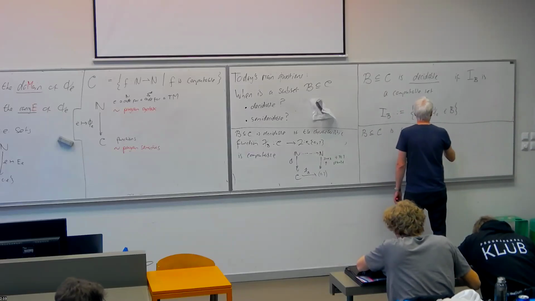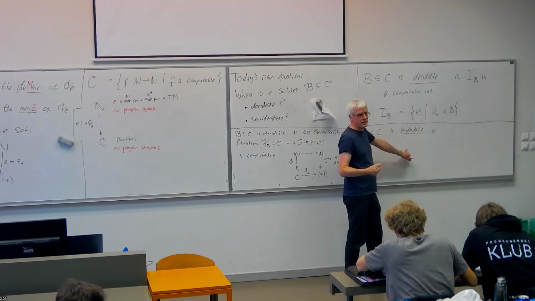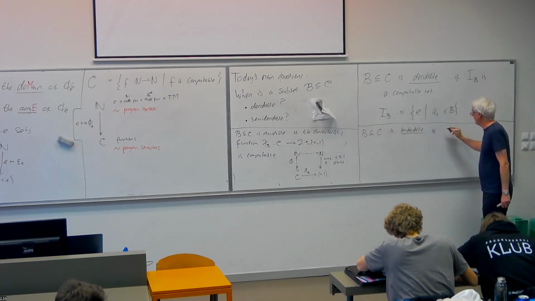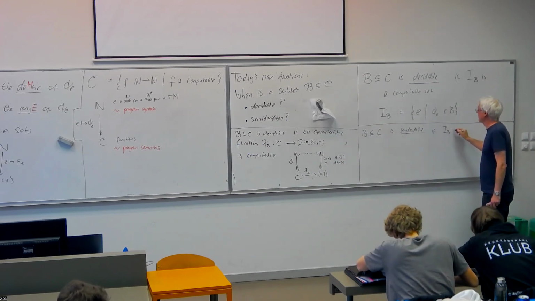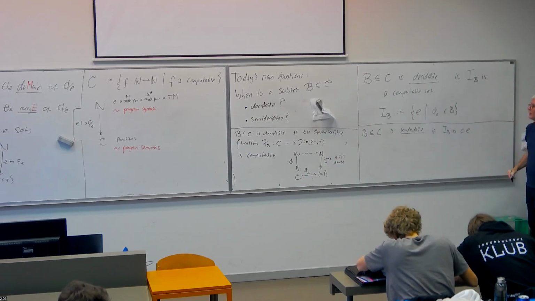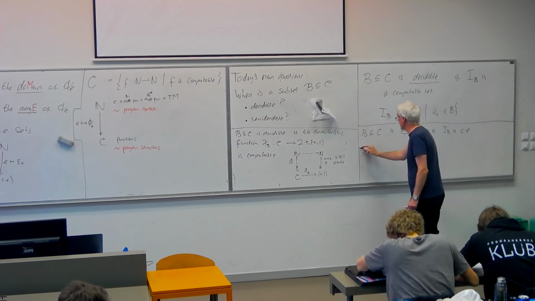That simply amounts to, if you go through the definitions, and I'll leave it for you to do yourselves, I sub B being computably enumerable, so it's a semi-decidable set. Okay. So that's what it's about.